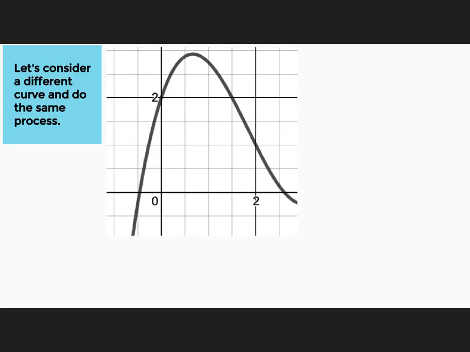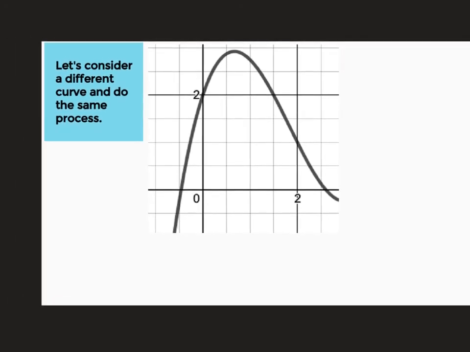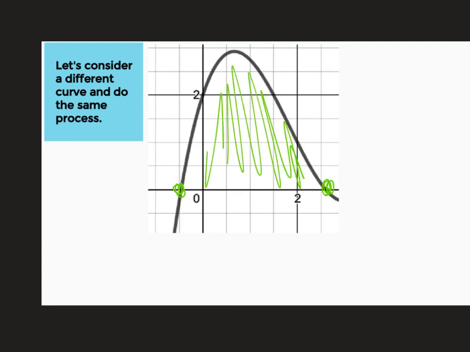Okay, let's consider a different curve and do the same process. Let's suppose from here to here we have this green area. Let's estimate it. That's a bit bigger than 4. So somewhere in here we'll have a rectangle.